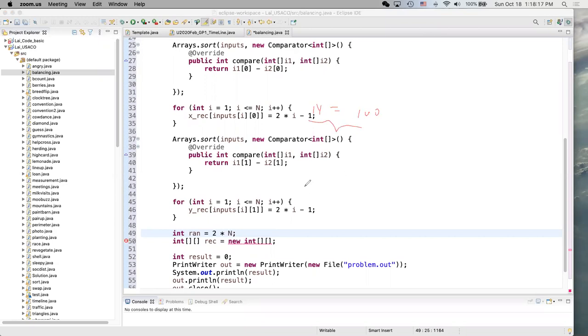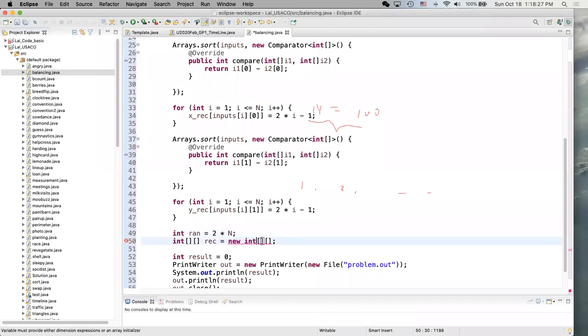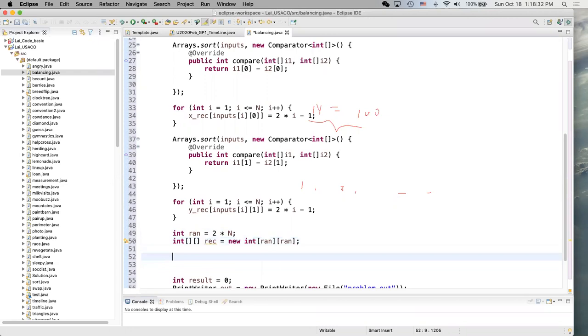Now we assign this new cow to be 1, 3, all the way to 100 times 2 minus 1. So that's why for the range you put 2 times 100, just to be right. So that's why this is going to be the range, and this is going to be the range. And come down here, and then you're going to go ahead and make sure you label that.